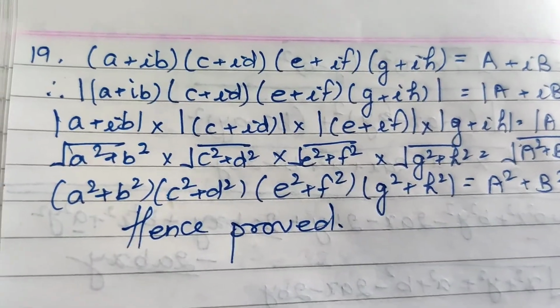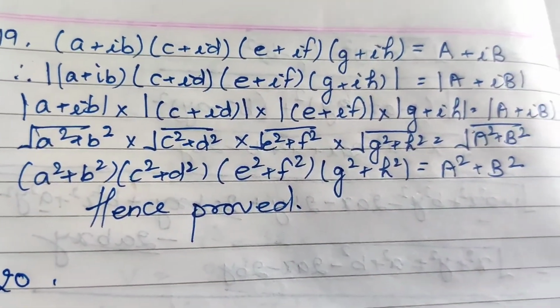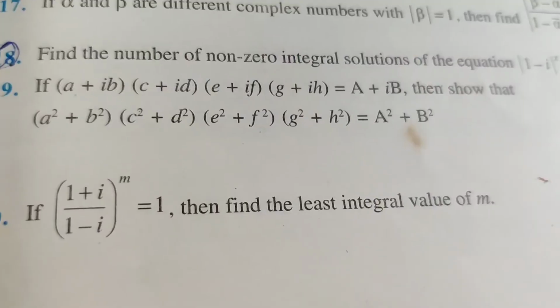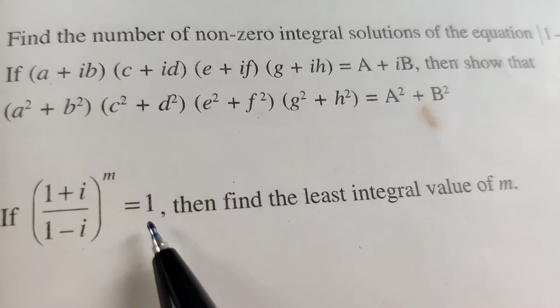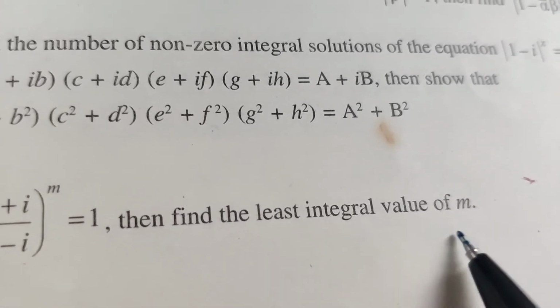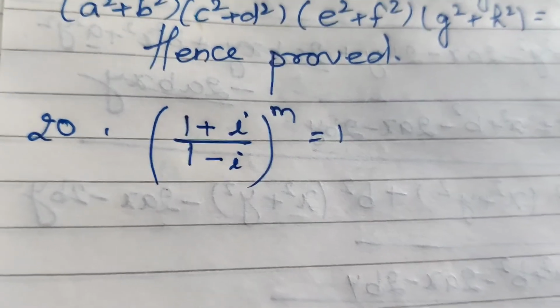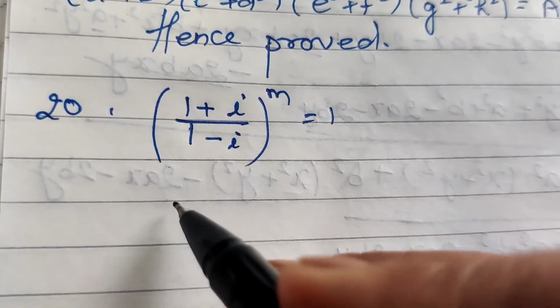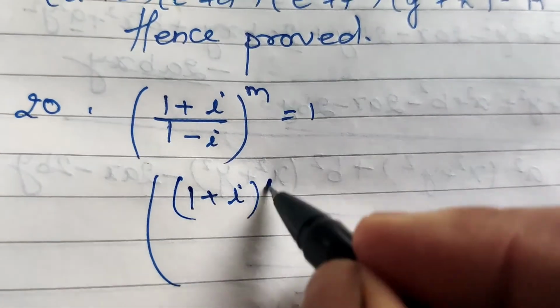Okay. Now question number 20. If (1 plus i upon 1 minus i) raised to power m equals 1, then find the least integral value of m. Now solve.